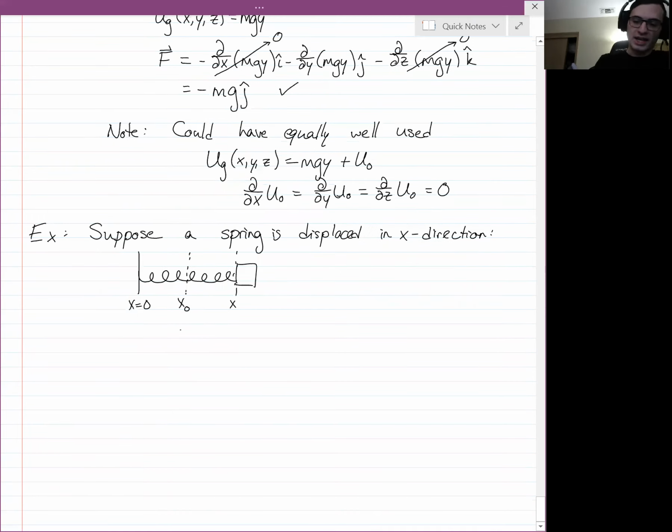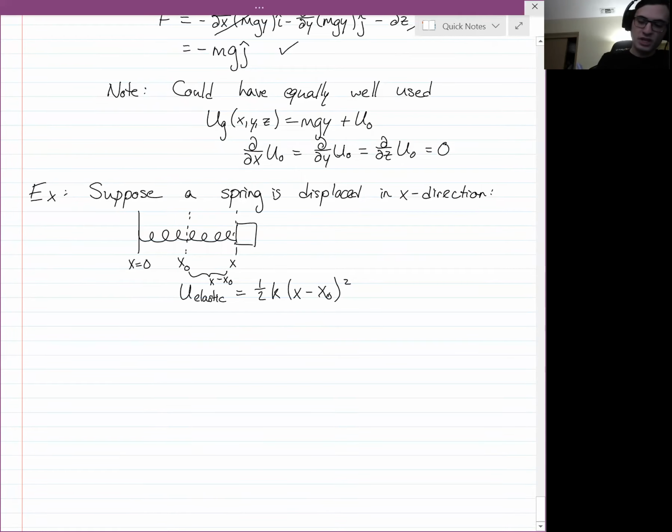So then the elastic potential energy, we know that that's given by 1/2 times k times the displacement from equilibrium squared. So the displacement from equilibrium is just this distance here. So that's x minus x naught. So this is x minus x naught squared. Okay, now let's take the derivative. So the force, sorry, let's take 3 derivatives, but it's not so hard because most of the terms are 0.